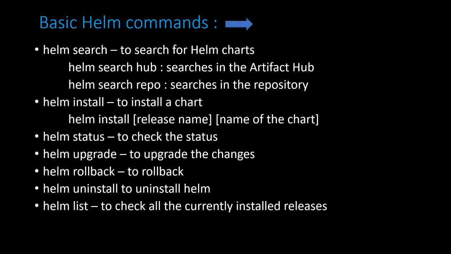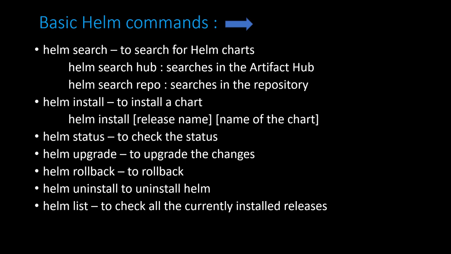So these are the basic Helm commands. First one is helm search, where you search for the Helm chart template. You can search either in the Artifact Hub, as I said, or from a repo. And if you want to install a chart, it's helm install, release name, and the name of your chart.